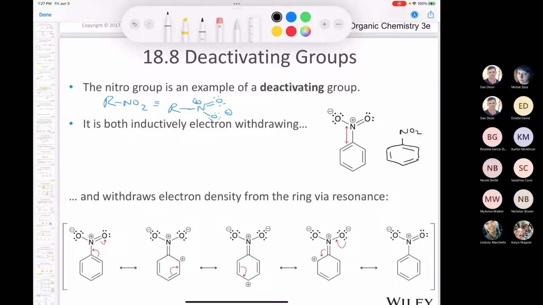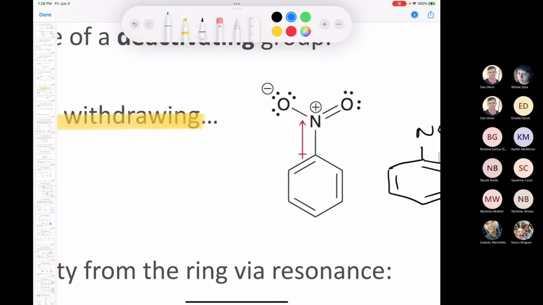All right, but it says here the nitro group is deactivating. Why is that? Because it's inductively electron withdrawing. Well, why would that be? Because nitrogen has an electronegativity of 3.0 and carbon is only 2.5, and therefore you're going to have a dipole going towards the nitrogen. But check this out. You can also draw resonance structures where you delocalize the negative charge onto an oxygen of the nitro group.